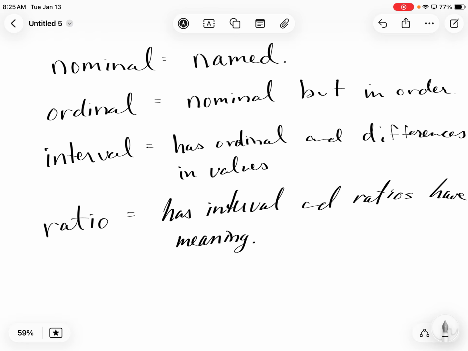How about the number of days during the past week that a college student studied? Would that be nominal? Not really. Okay, because it says the number of days, right? Would it be ordinal? No. Interval? Maybe. Could it also be ratio?